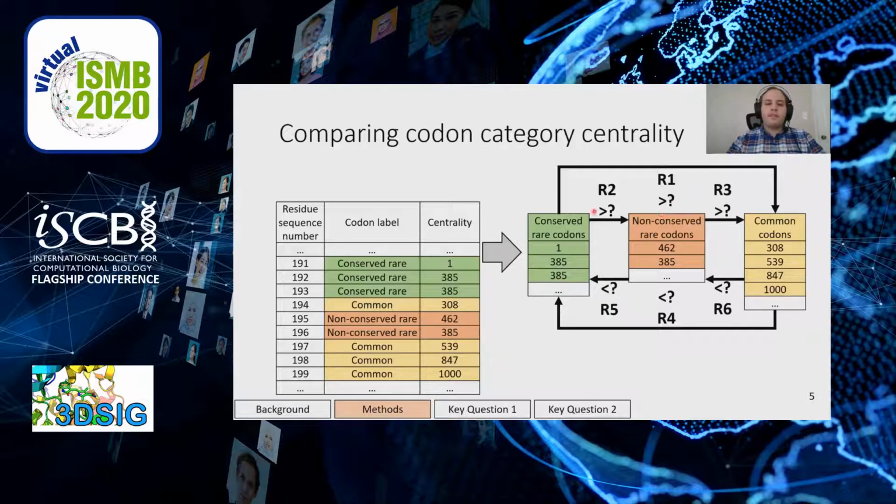And there are 6 different relationships in total. Finally, we place a protein into what we designate as a codon usage group based on the relationship it has. For example, if in a protein the conserved rare are more central than the common, and the conserved rare are more central than the non-conserved rare, but there is no difference between the non-conserved rare codons and the common codons, then that protein is placed into group R1, R2.